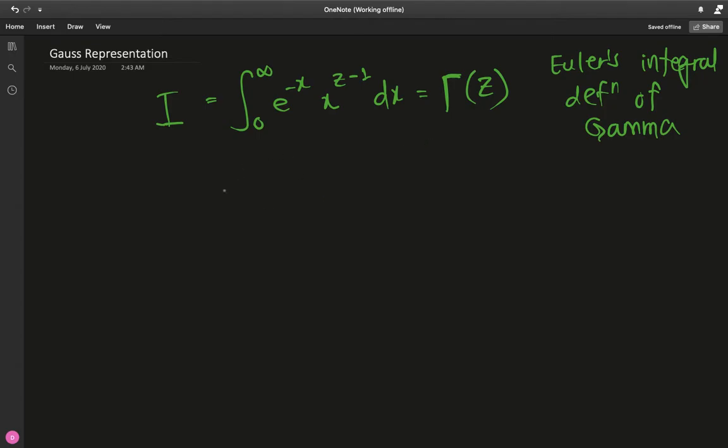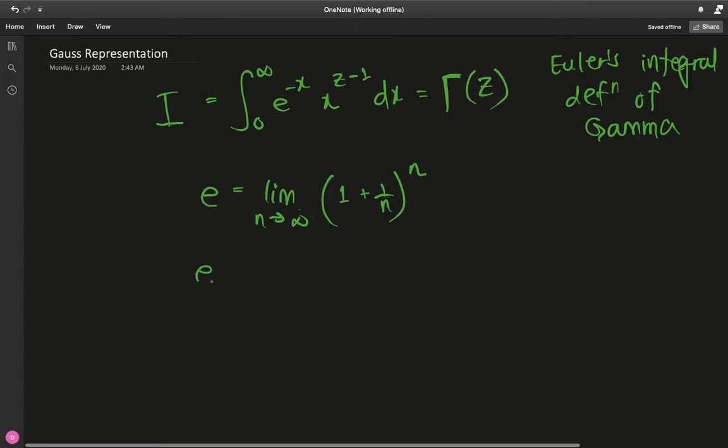So first, before starting our proof, you should know this fact that e can be defined as the limit as n goes to infinity of (1 plus 1 over n) raised to the nth power. That's e. But if we want to generalize this into a function, say e to the x, we can write this as the limit as n goes to infinity of (1 plus x over n) to the n.